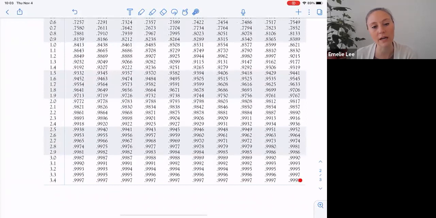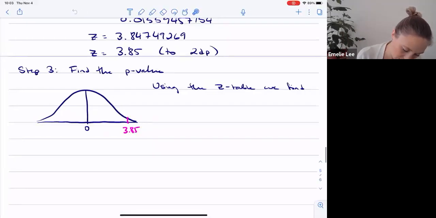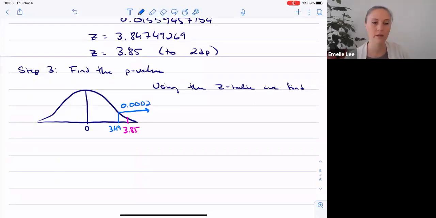The area to the left is 0.9998, meaning the area to the right is 0.0002 at 3.49. So the table goes to 3.49, and what we can say is that this area, this one-sided p-value, is just less than 0.0002.